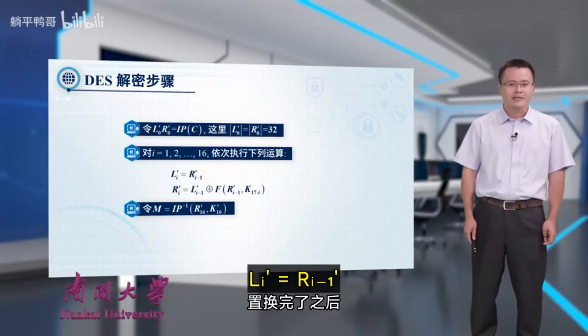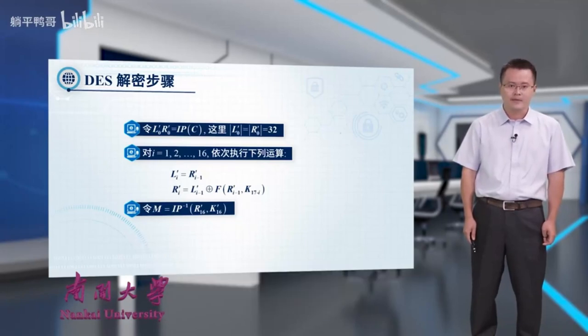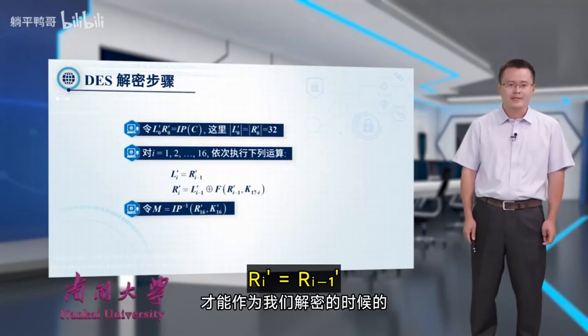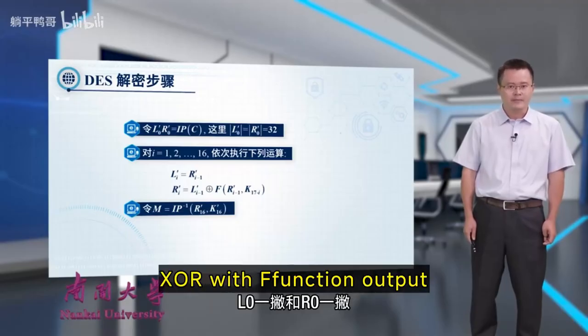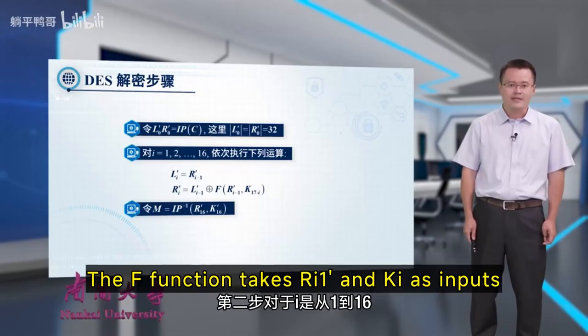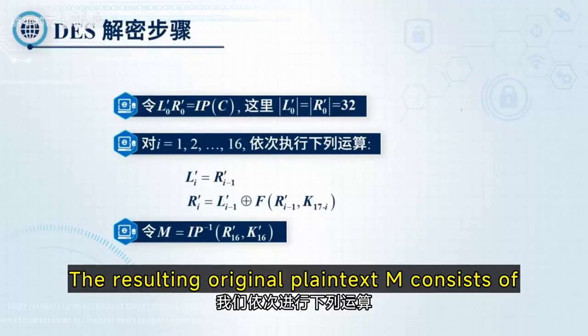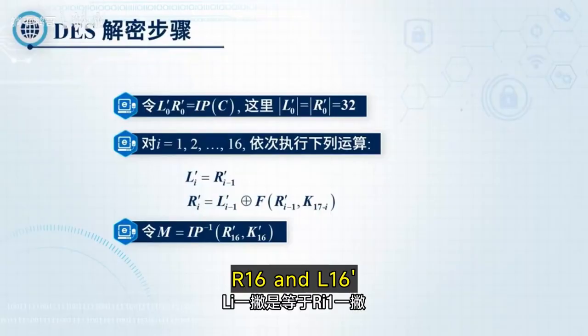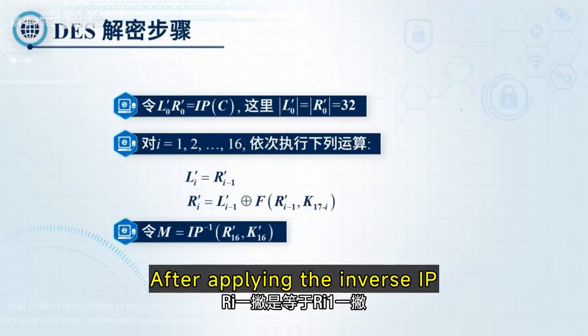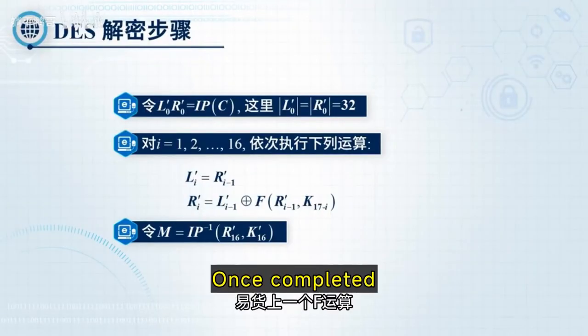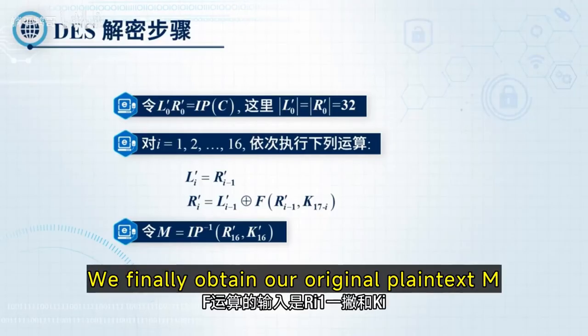L equals R. R equals L XOR with function output. The F function takes R_{i-1}' and K_i as inputs. The resulting original plaintext M consists of R16 and L16'. After applying the inverse IP, once completed, we finally obtain our original plaintext M.